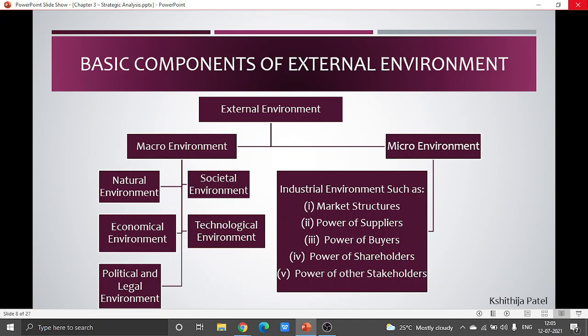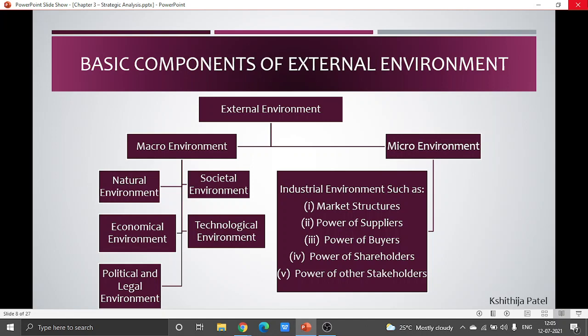So the main components, as you can see in the slide, of the external environment are macro and micro environment. Now, macro environment, when we tell, consists of all those factors which affect all the business environment. It can affect directly or indirectly, but it affects in a general manner, irrespective of the industry.